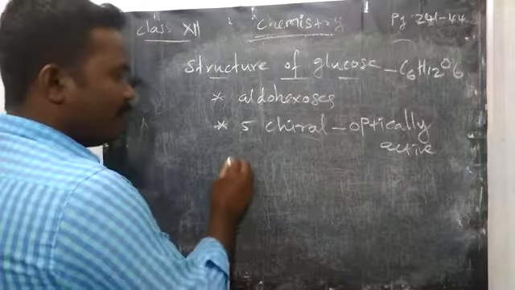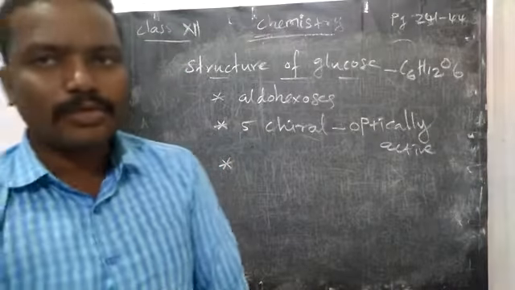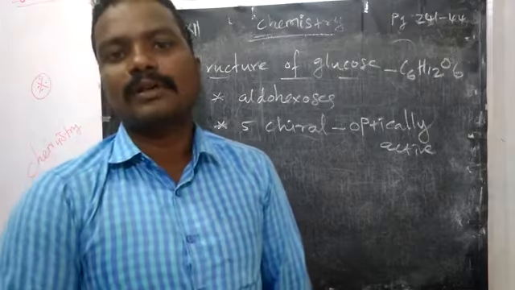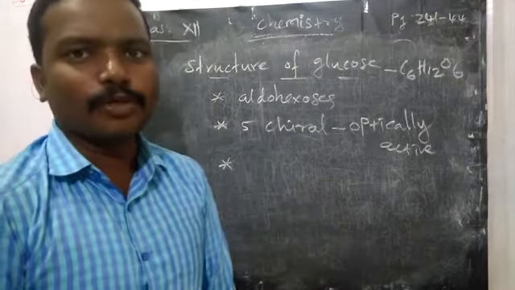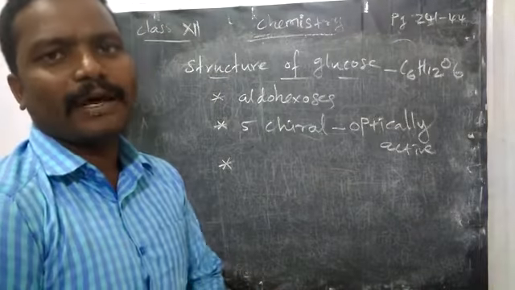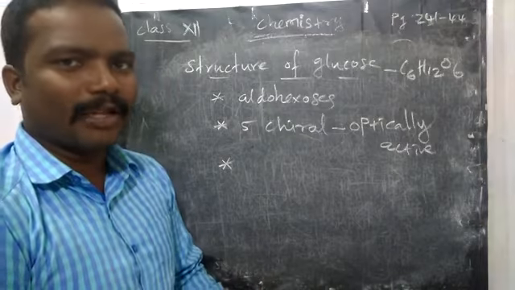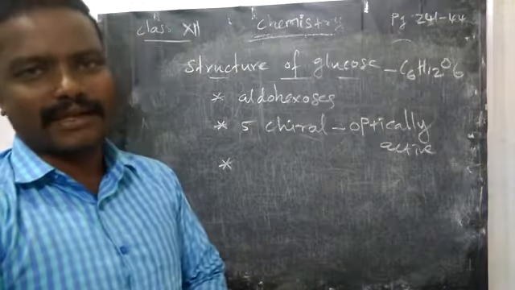Okay. What type of rotation? Usually we'll say D-glucose. Why are we saying D-glucose? In solution, it will rotate the plane polarized light towards the right, clockwise direction.